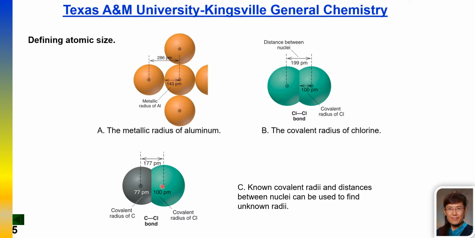So your chlorine, this distance from this nucleus to the boundary, and the nucleus of your carbon to the boundary. The covalent radius for your chlorine is approximately 100 picometers, pm, and the covalent radius for carbon is about 77 picometers.